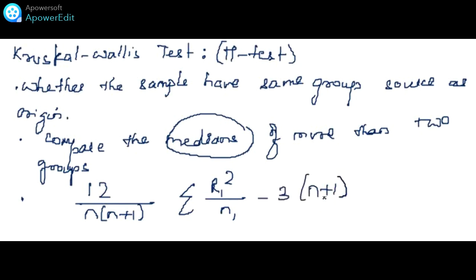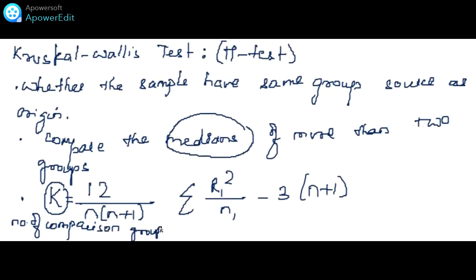Okay, here k is what? Here k is the number of comparison groups which are employed, like 2 or 3.